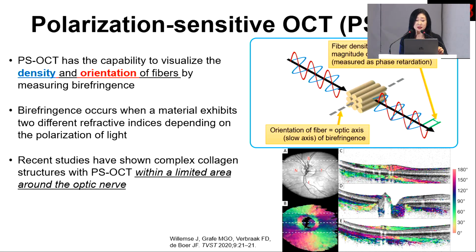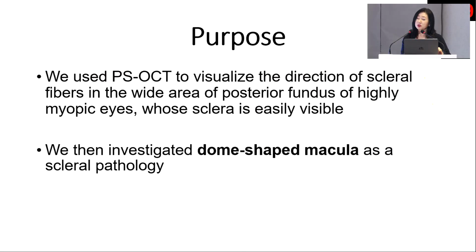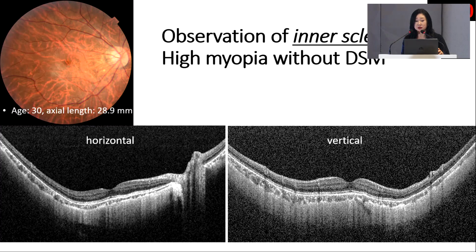Recent studies have shown complex collagen structures with PS-OCT within a limited area around the optic nerve. So the purpose of this study was to use PS-OCT to visualize the direction of scleral fibers in the wide area of the posterior fundus of highly myopic eyes, whose sclera is easily visible. We then investigated dome-shaped macula as a scleral pathology.